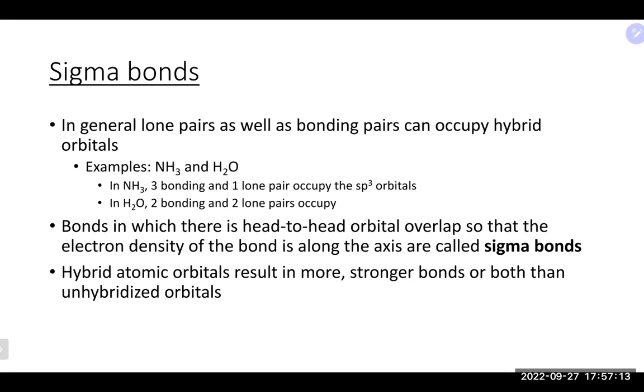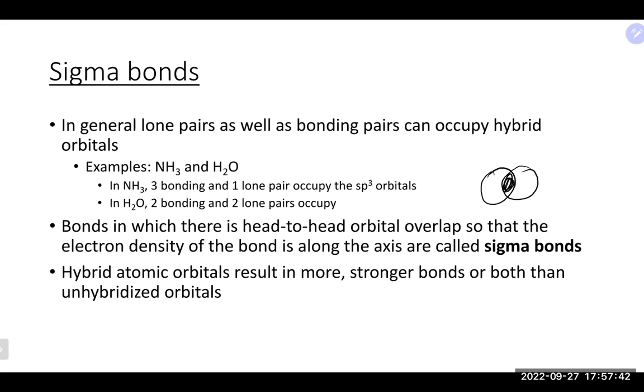With sigma bonds, they go right at each other, head to head, squished together. And that area that squishes together is the area where the electrons are being shared. So a simple way to identify whether it is a sigma bond is that it is the first line that you draw that makes a bond in a Lewis structure, and the first line in a double bond or a triple bond.